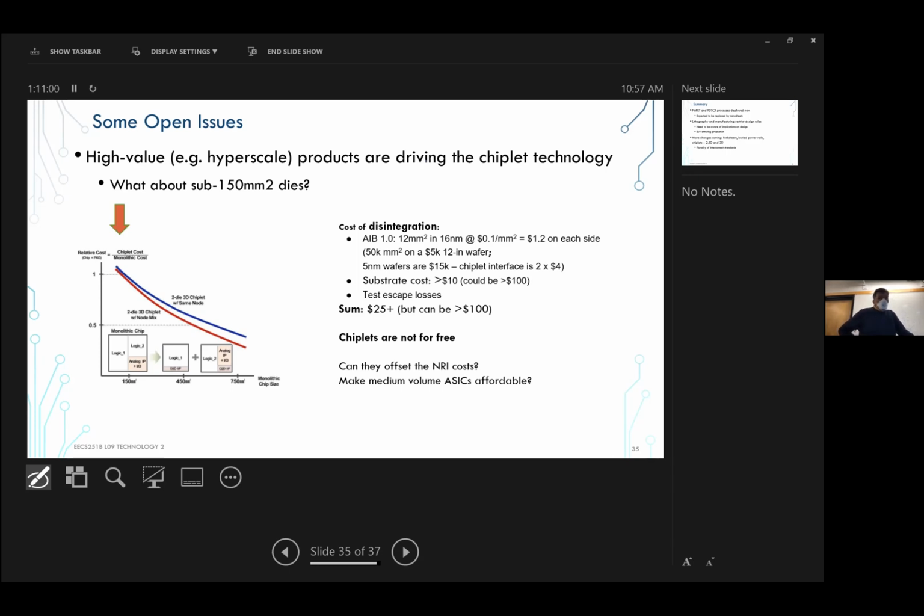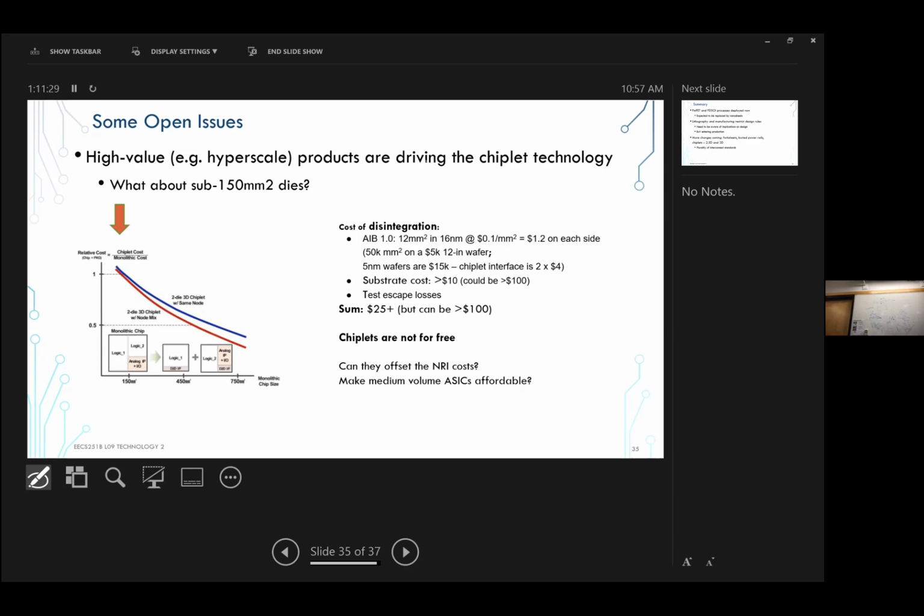So chiplets for small products, for small systems, if you take the yield out of the equation, are strictly more expensive. Breaking a monolithic die into smaller dies is basically going to cost us the cost of a substrate plus the cost of the interfaces on each side.